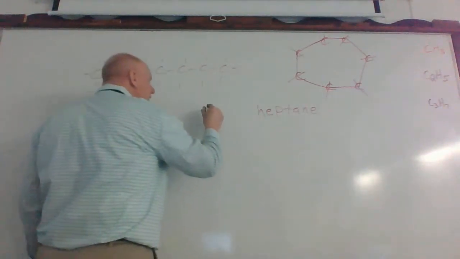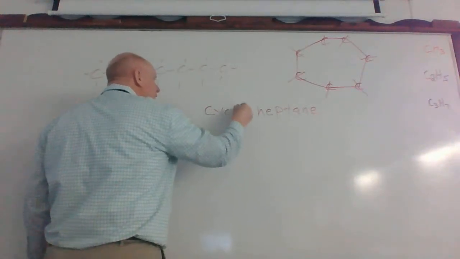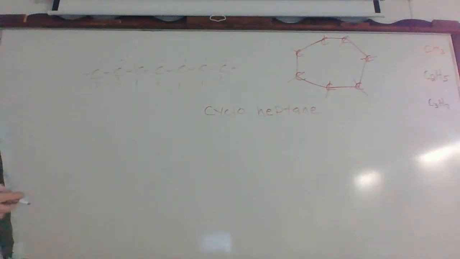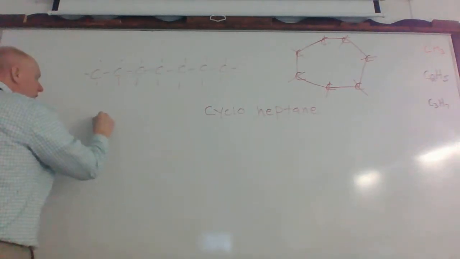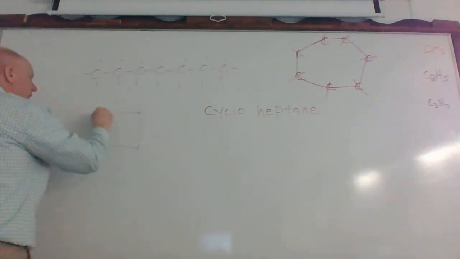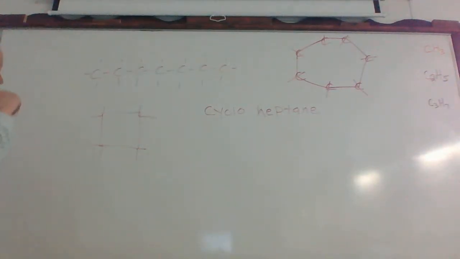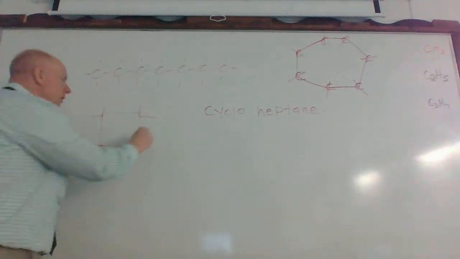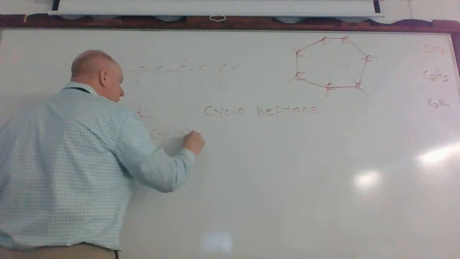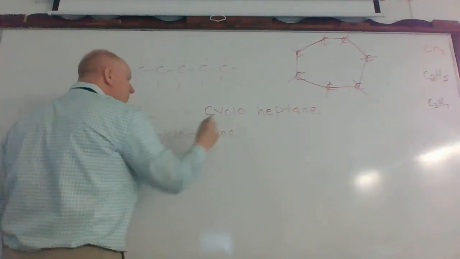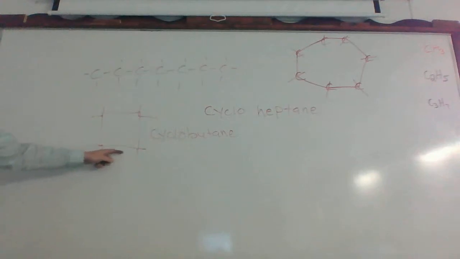Okay, that's fine. Cycloheptane. So any ring structure, even this, cyclobutane. It's a geometrical shape. At each intersection, there is a carbon atom.